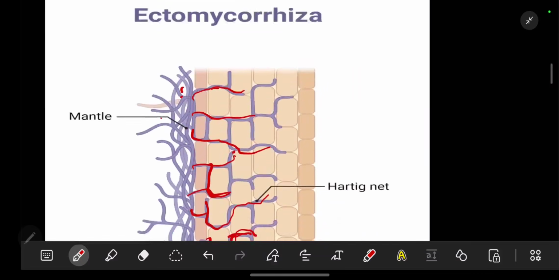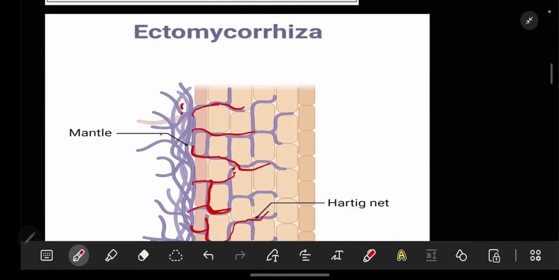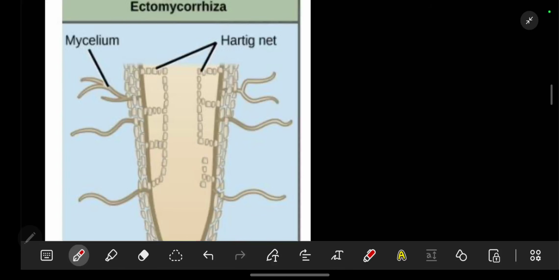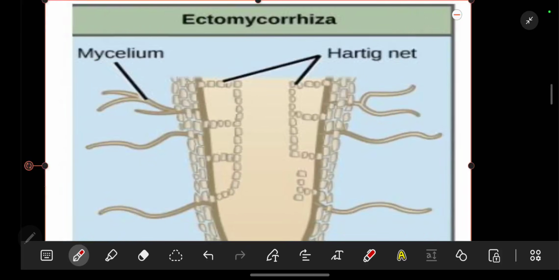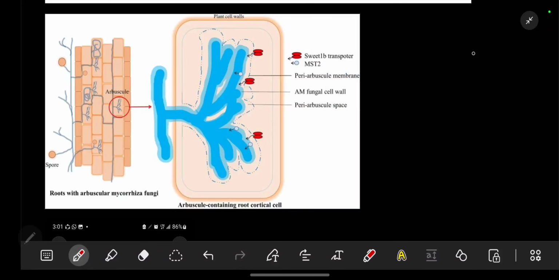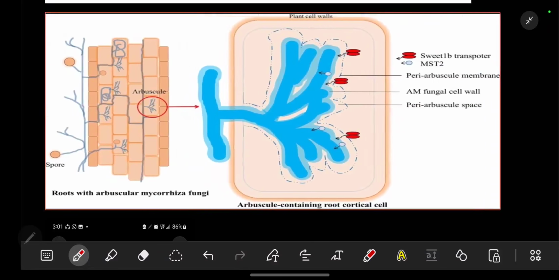Oh, sorry, this is ectomycorrhiza because it is not entering the cells. But if it enters, then it is what we call endomycorrhiza. Likewise, you can tell that this is ecto because it's not entering.